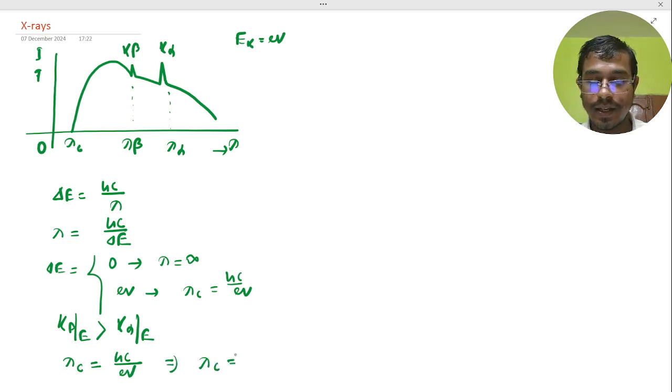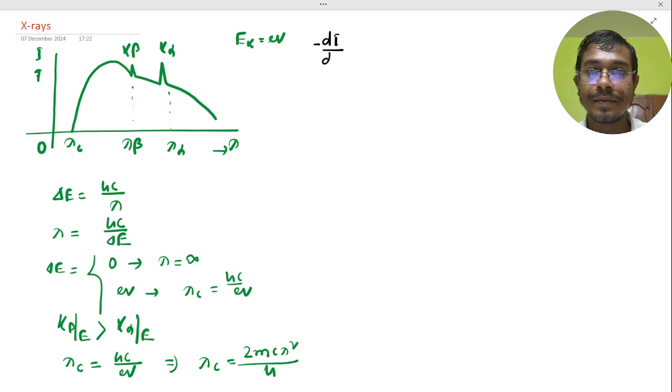The cutoff wavelength of X-ray is lambda c equal to 2 m c lambda square by h. Next, propagation of X-ray through a medium, another important concept. So minus dI by dx is equal to mu I, where mu is the absorption coefficient of X-ray, and after integrating, I equals I naught exponential of minus mu x.